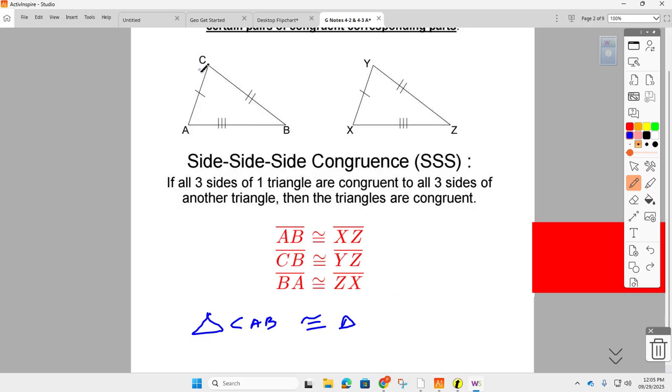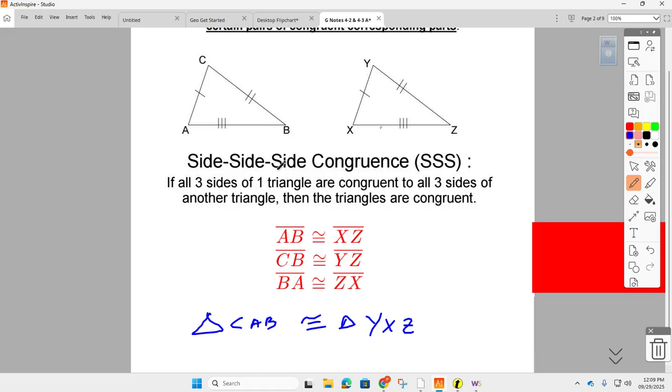The corresponding congruent angle in this triangle is Y. Angle A is congruent to angle X, and angle B is congruent to angle B. So if we name this triangle as CAB, then this triangle has to be triangle YXB. That order matters. Any questions?